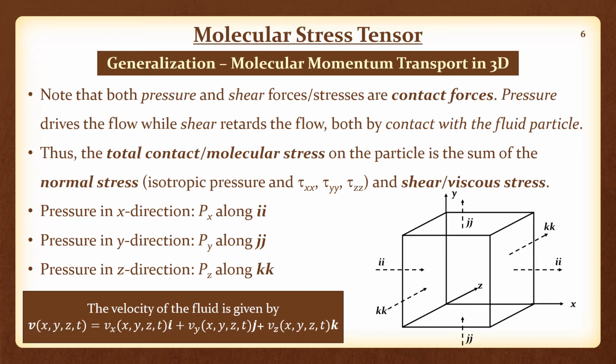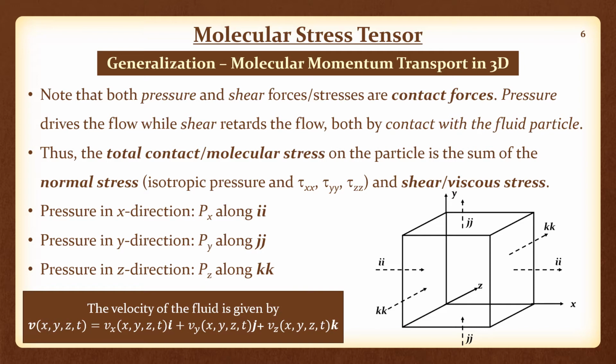So a pressure force Px can be thought of as acting along i, which is basically along the x direction. Pressure force Py can be thought of as acting along j, and pressure force Pz can be thought of to be acting along k, right?